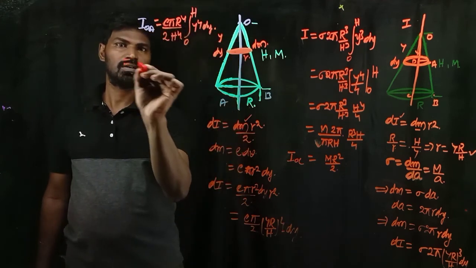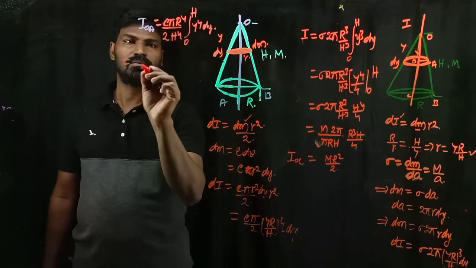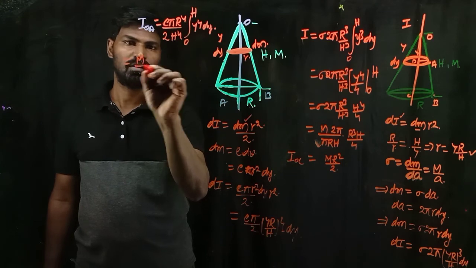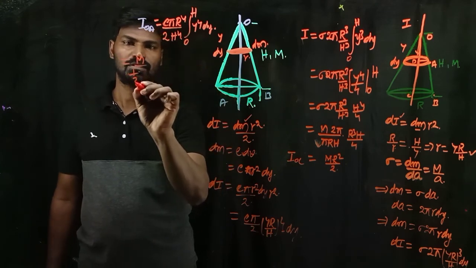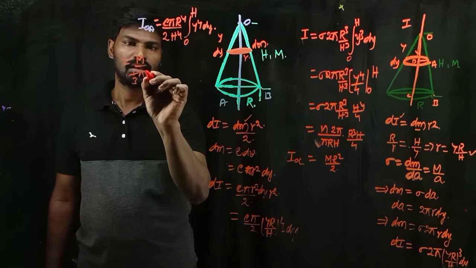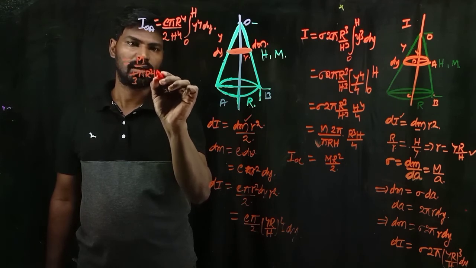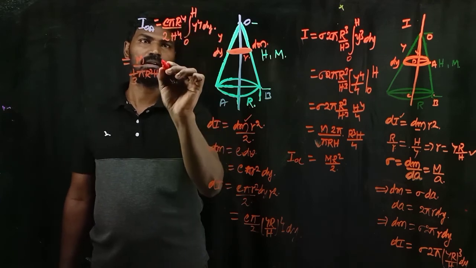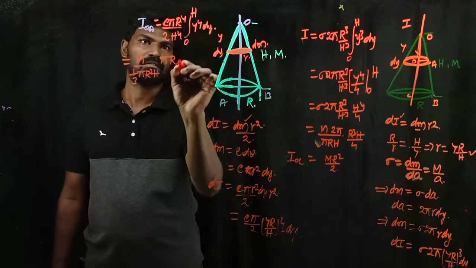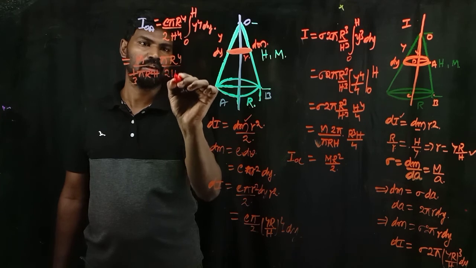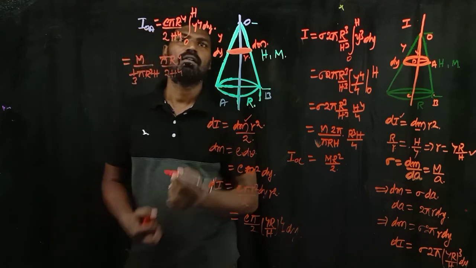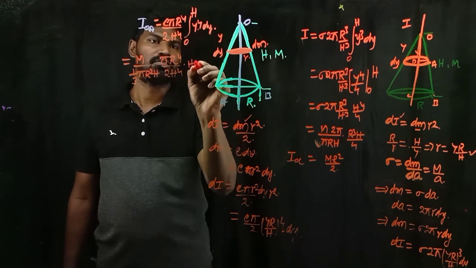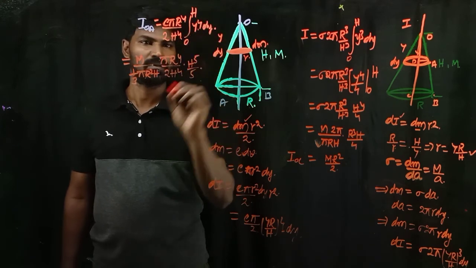That equals, what I can write? Rho, what is rho? The density of the cone, mass divided by volume. The volume of the cone is how much? 1/3 pi R square into capital H. This is the volume of the cone. So rho I wrote it. Remaining parameters: pi R power 4 divided by 2 H power 4 into the integration of y power 4, which is y power 5 by 5. If you substitute H, it will become H power 5 divided by 5.